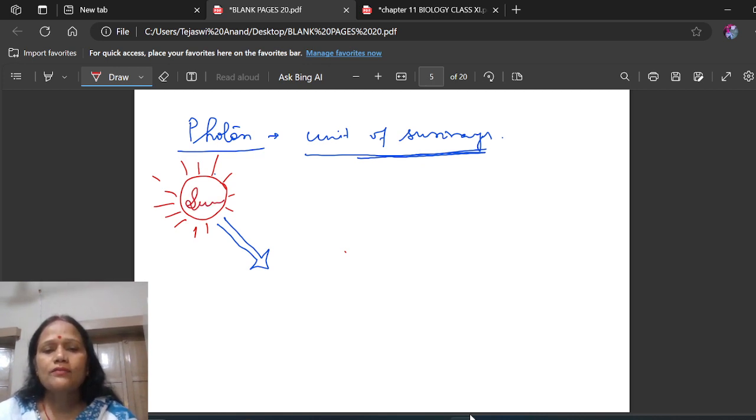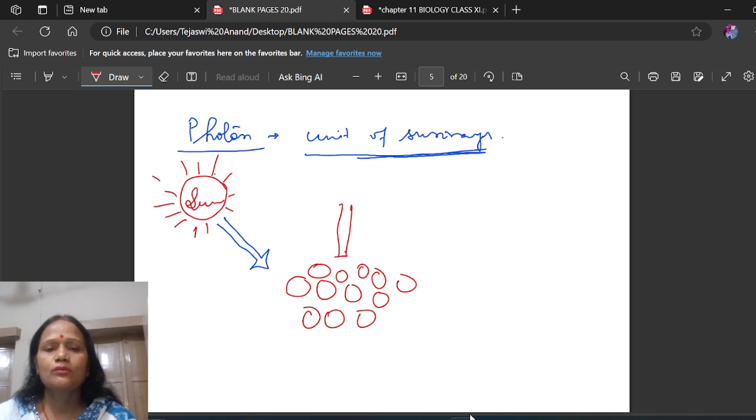Now when it is falling upon the light harvesting complex, this is the light harvesting complex, here they are absorbing the light and they are transferring it to the light harvesting complex electron acceptor, we can say primary acceptor, primary electron acceptor.